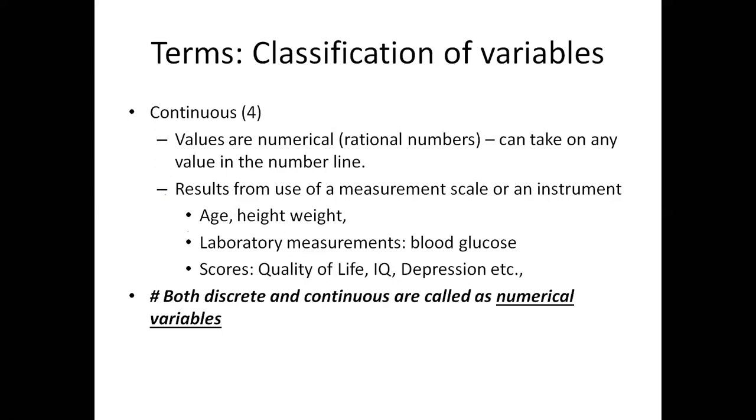Most often these continuous variables result from an actual measurement process. Like if you have an instrument or a scale that you use to measure a particular variable, then the value that results from that measurement is called a continuous variable.